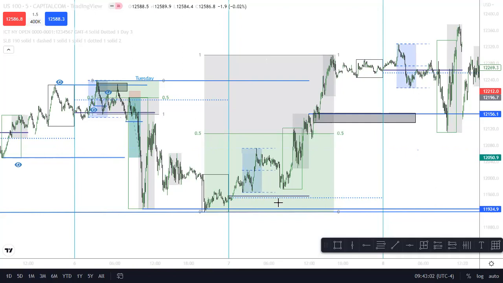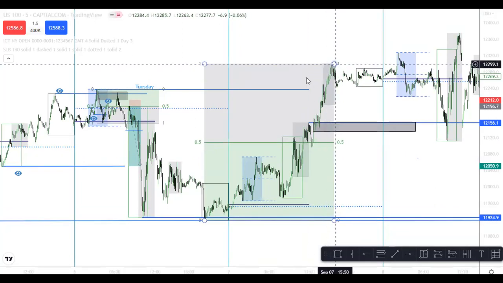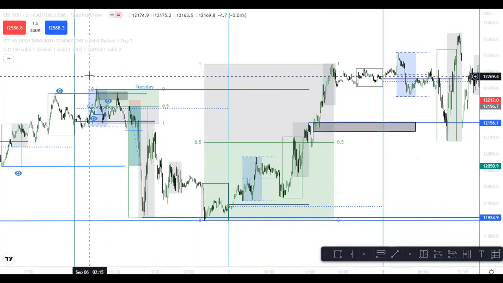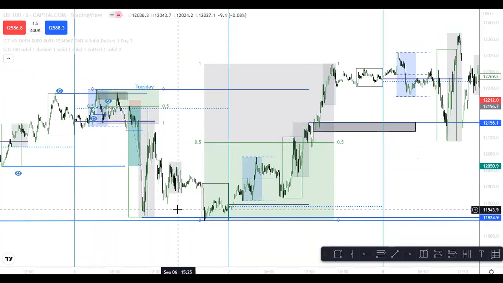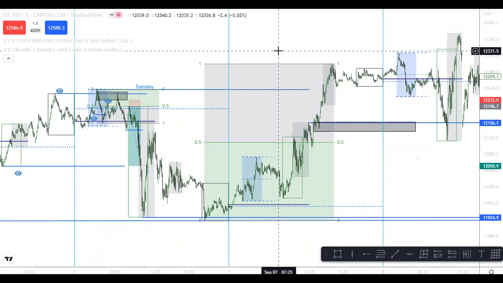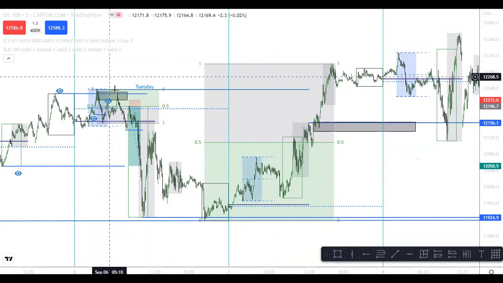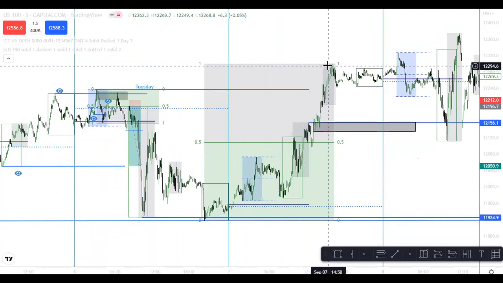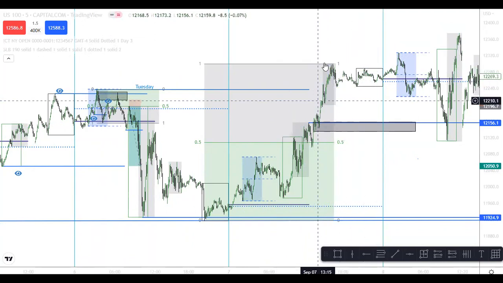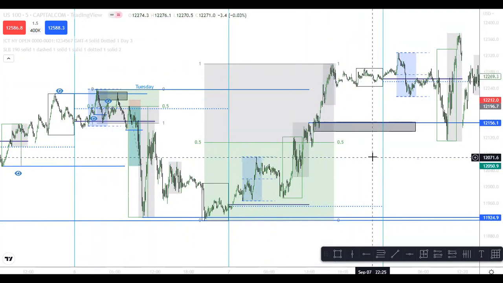Taking Tuesday's high on buy side delivery here, that's a break in market structure. All of this bearish day is now bullish delivery. Or if you want to put it a little bit better, sell side delivery, buy side delivery. Change in the state of delivery, look back for your range, enter, boom.